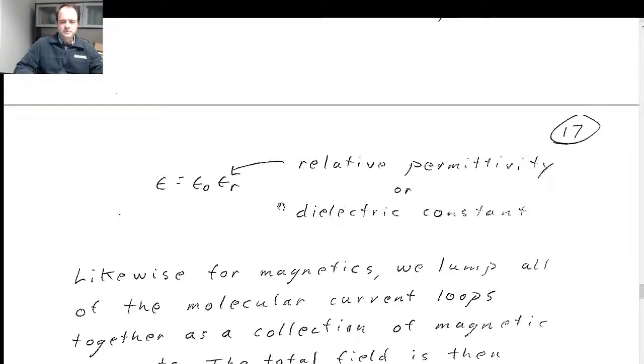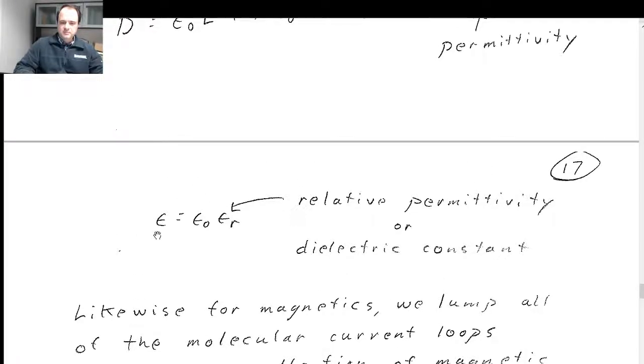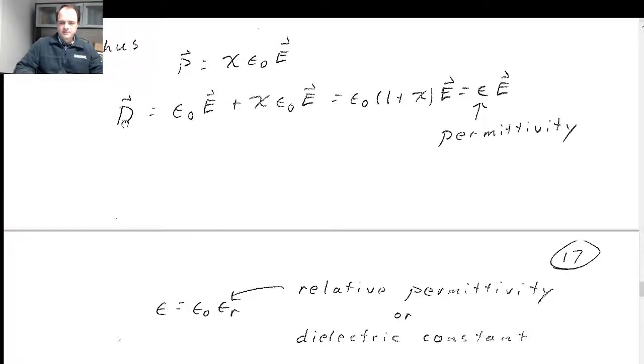If it's 2.1, or if we don't specify, it's the relative permittivity or the dielectric constant. So this is the all-important permittivity that connects flux to field.